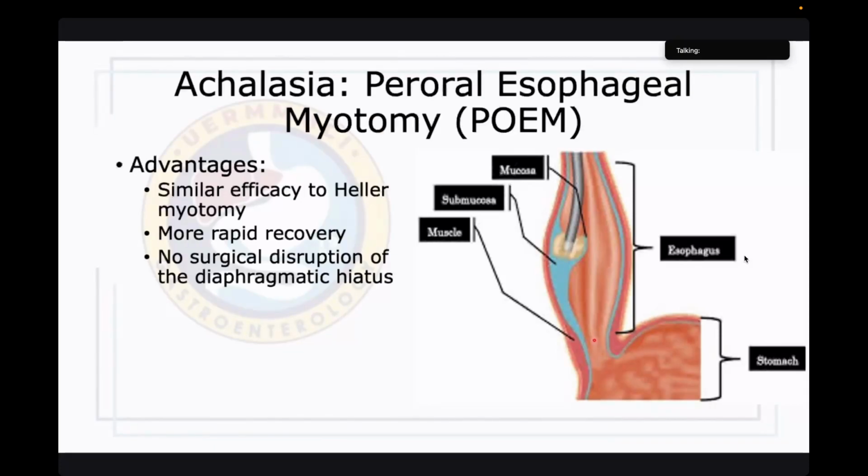So this procedure has similar efficacy with surgical or laparoscopic myotomy, but this is more advantageous since it is more minimally invasive, so the recovery is more rapid and there is no surgical disruption of the diaphragmatic hiatus.